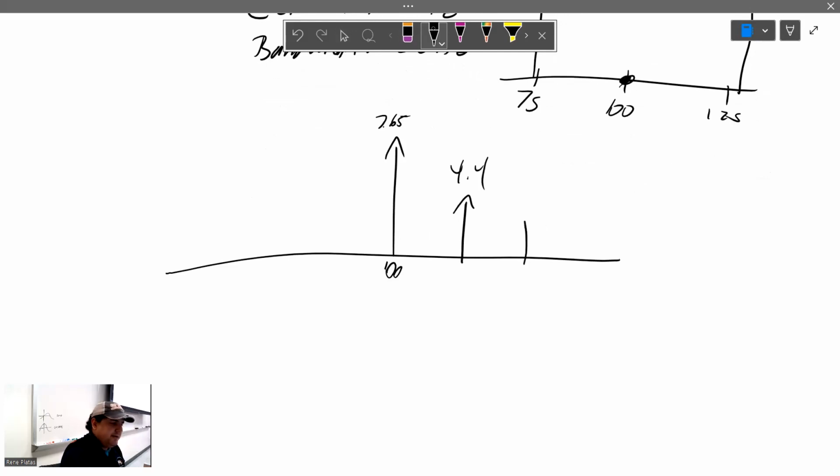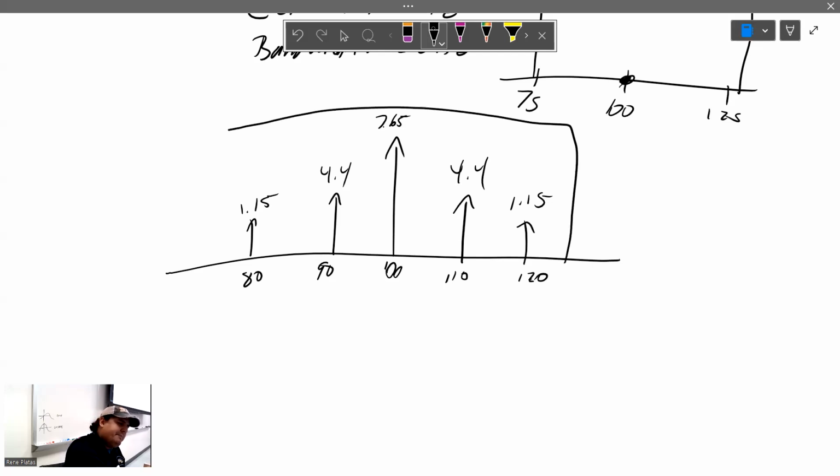At 120 it's gonna be 1.15. It's gonna be mirrored. I see Eddie tuned out already. Okay, so the bandpass filter is gonna encompass these 5 impulses, these 5 frequencies. There are more values here, but they're gonna be cut off by the bandpass filter.